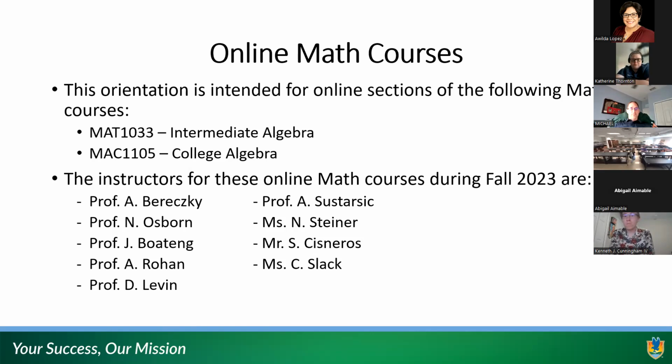So the information that you will receive today will be generic and applies to all the courses. However, each instructor may have some specific policies that are particular to their courses, so you definitely want to look carefully through your Canvas course, read all of the announcements posted by your instructor, and make sure that you are familiar with any expectations that are particular to your instructor.